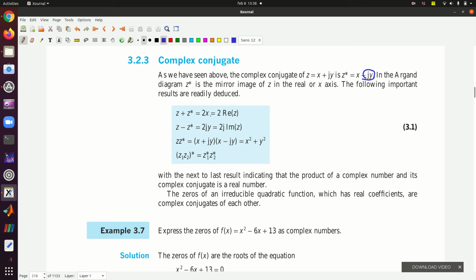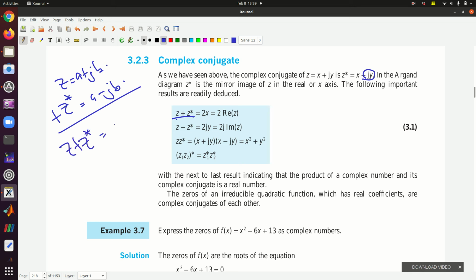For z plus z star, I think it's easier if you just have a few examples, but for now we don't need to go into that. But you know that if z is a plus jb, then z star is a minus jb. Then if you add the two, z plus z star is going to be 2a plus 0, but 2a is twice the real part of z.